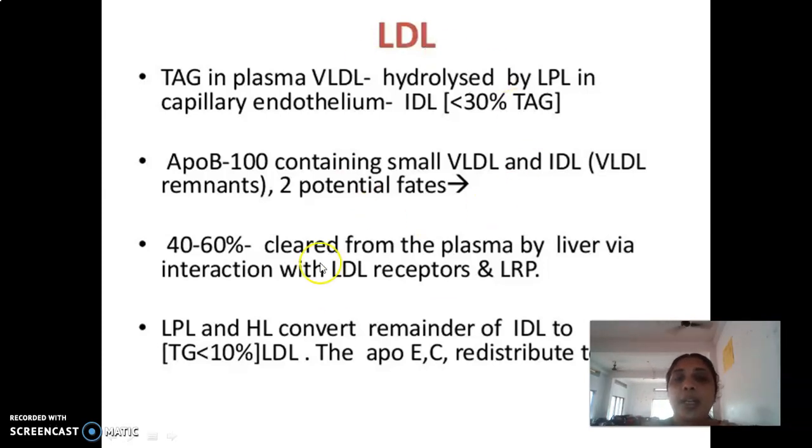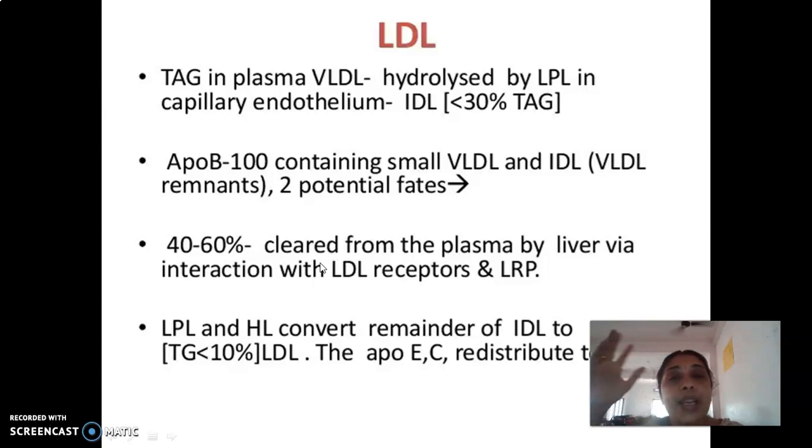And what is the half-life, the time duration of an LDL molecule? The half-life of an LDL molecule is around 2 days. So by this 48 hours, it will be liberating most of its cholesterol esters from its structure, right?